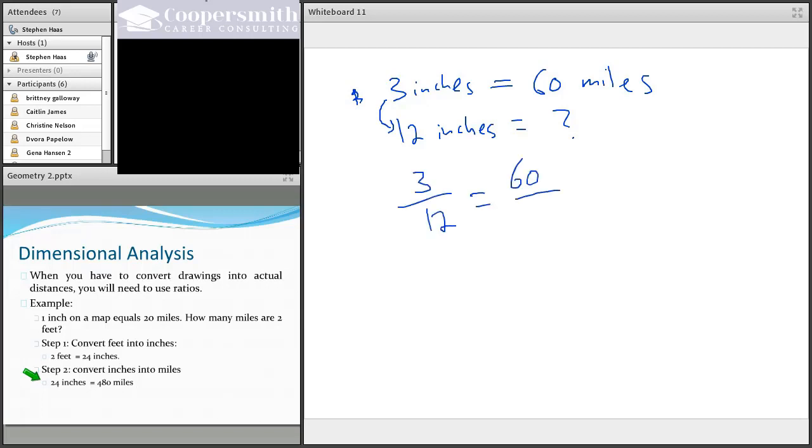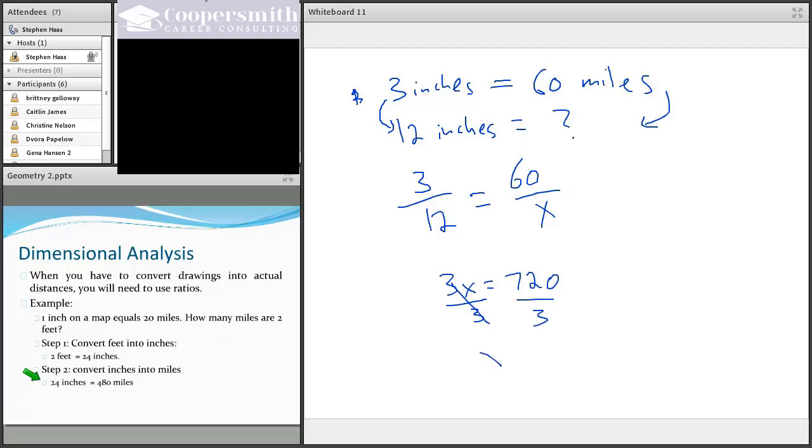When you have something like this, you do what's called a cross multiplication. This is a basic algebraic procedure. You do 3 times x, which is 3x, and on the other side, you do 60 times 12, which is 720. Then, to isolate the x, you divide each side by 3, and 720 divided by 3 is, what's that, 240?